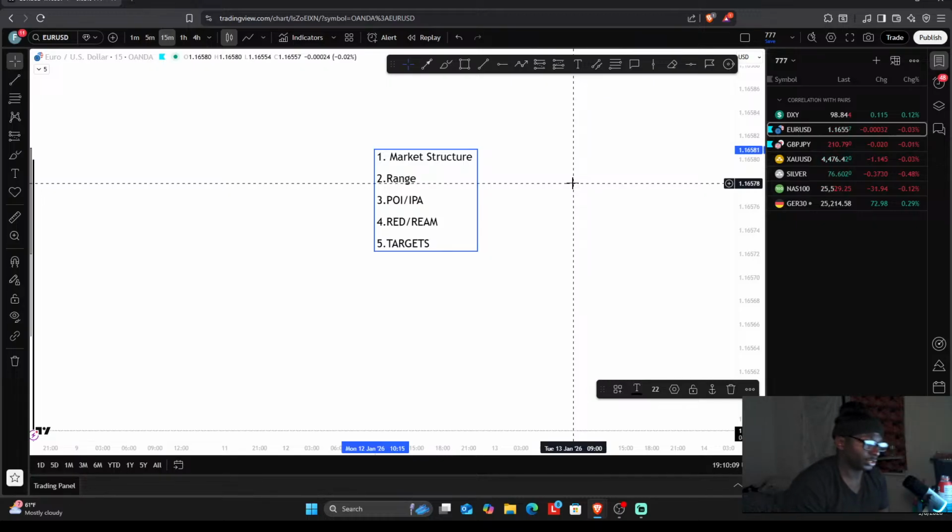But in all honesty, the market structure and the range has been working for me. Not all winning trades are going to be winning trades. Not all losing trades are going to be losing trades. Once you figure out your methodology and what percentage you're in, then you start thinking about how you can protect your capital, because you're doing the same thing every single time, and the market is not based off of that.